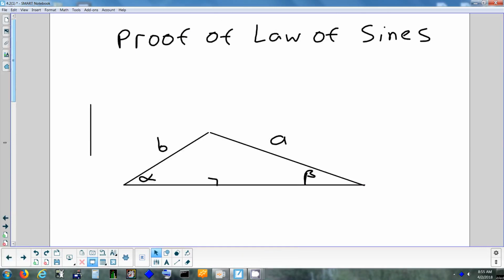So I'm going to start with just a generic diagram. It shouldn't look like any of the sides are the same. I tried to make it look scalene. So sides are all different lengths. Angles are all different. And I didn't label all the sides. I only labeled 2 sides and 2 angles. That's because to do what I'm about to do, I don't need the 3rd side or the 3rd angle.